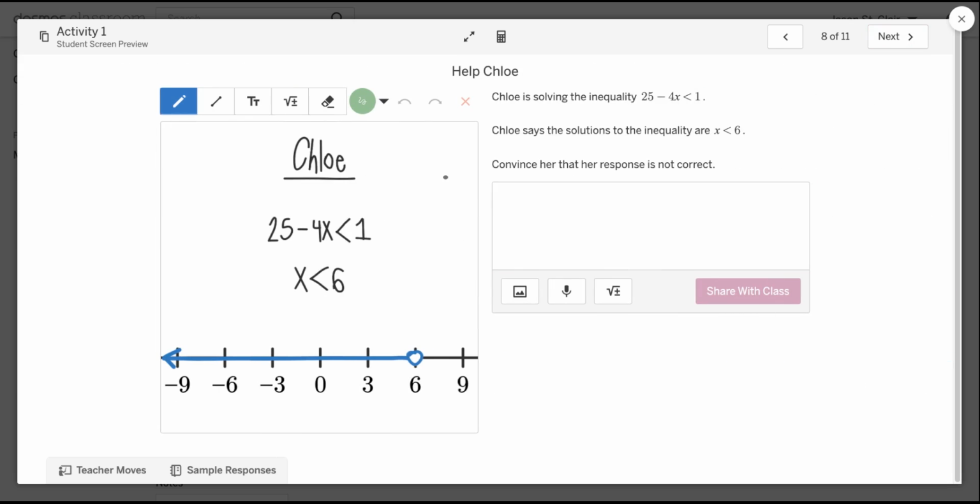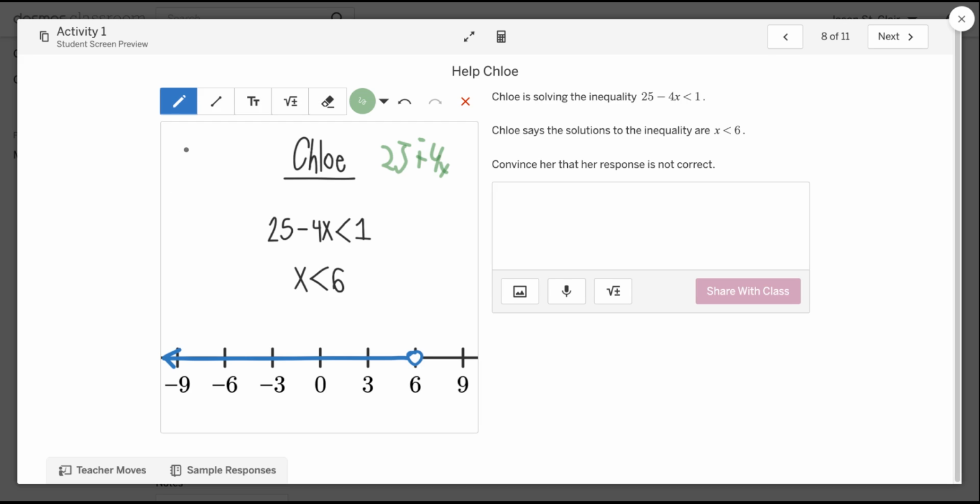Help Chloe now. Chloe is solving the inequality 25 minus 4x is less than 1. When she solved, she got x is less than 6. Convince her that it is wrong. So let's try to solve it ourselves. So when I see this here, I know I can rewrite this as plus negative 4x.